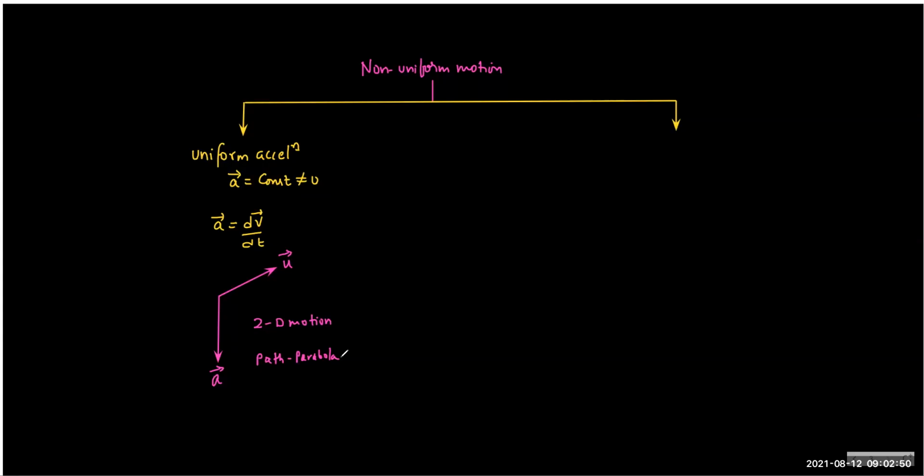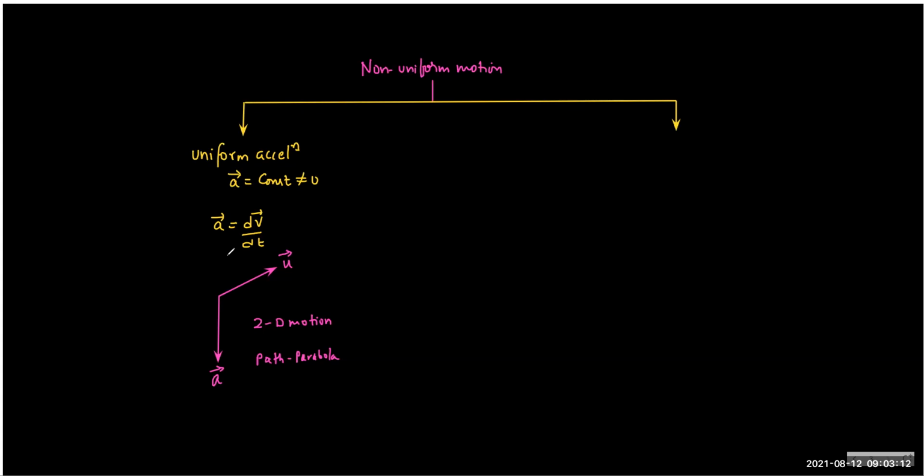Any other acceleration, any other situation, the path will be a parabola only. I will prove that in the chapter of projectile motion. It's not a big deal. So first, remember that if u and a are non-collinear, it's a condition of 2D motion and the path will always be a parabola.